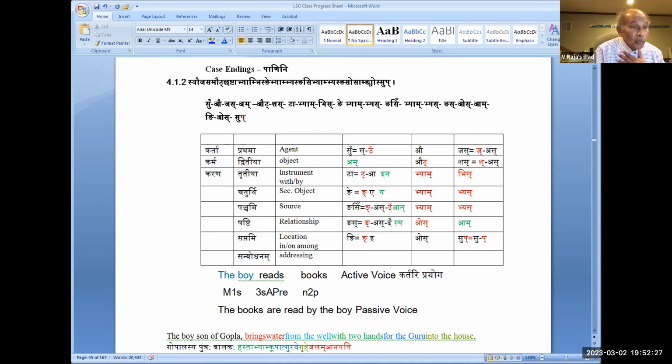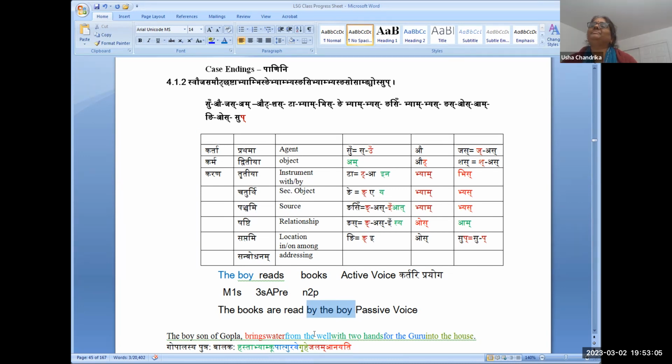Now, let's use English. What is the subject here? Books. Pustaka. So books are reading? Are read, not reading. Boy is reading. Who is reading it? Boy. So is this still the subject? But now, by the boy, which vibhakti is it? Tritiya.